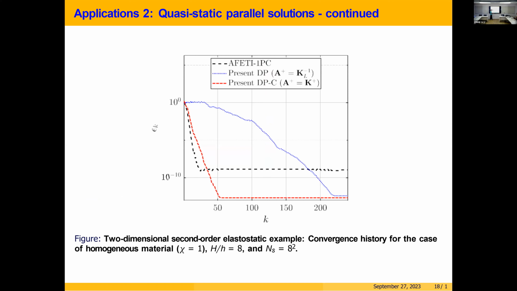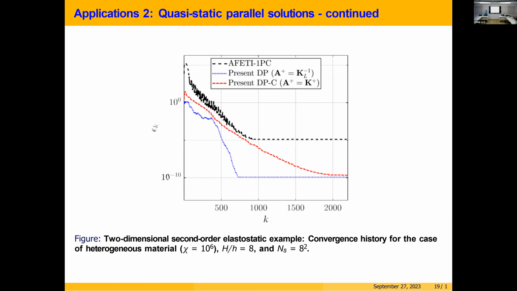It does require a little more iteration, but it achieves a high accuracy. That's for the homogeneous case. In the heterogeneous case, that's a different story. In the heterogeneous case, we beat those guys.